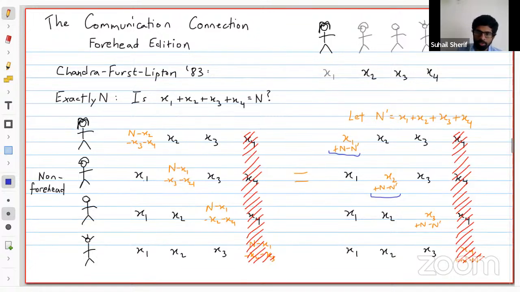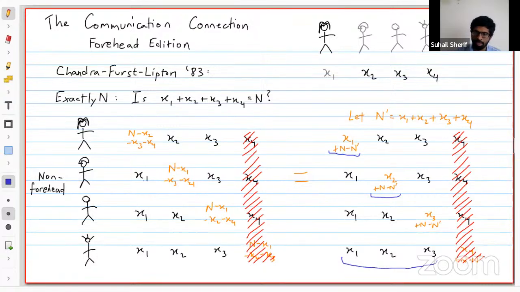But if you see what they've done here, they've transformed their input into a corner. If n is actually equal to n prime, that is, if exactly n is equal to 1, then all of them have the input x1, x2, x3. But if n is not equal to n prime, that is, if they should actually be outputting that exactly n is equal to 0, then they actually have a corner. This is the origin of the corner.